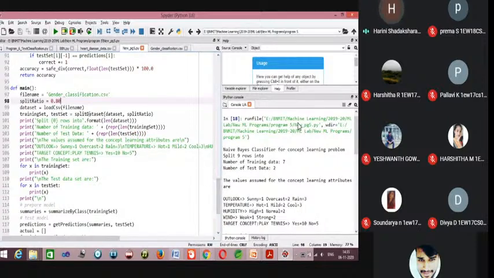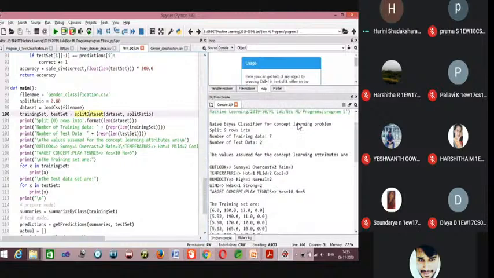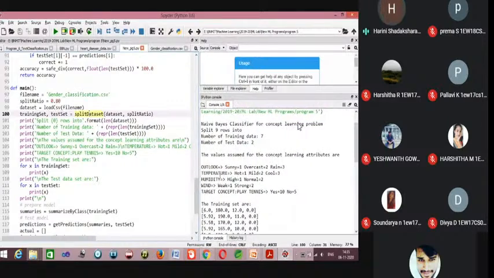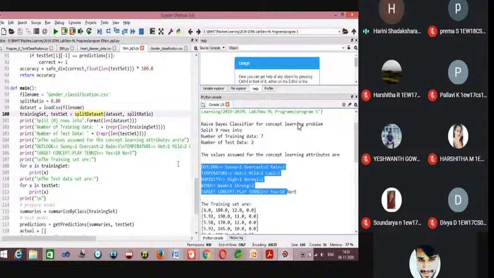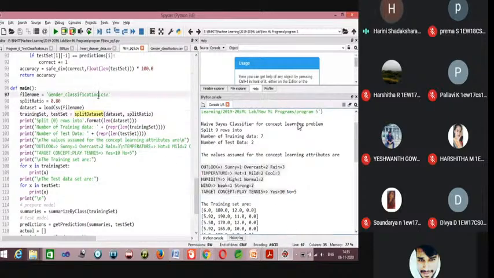That will be done with the help of the split dataset example. I'll take you to the function later. I'm just making you understand the output. Then the values assumed for concept learning, you can ignore. As I told, this will also work for the other experiments, and I'll show you.